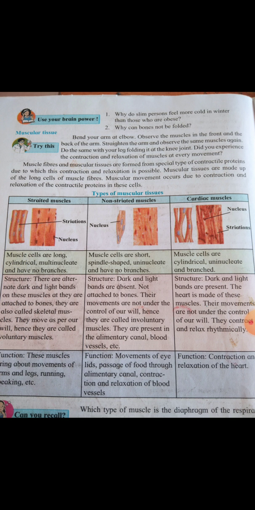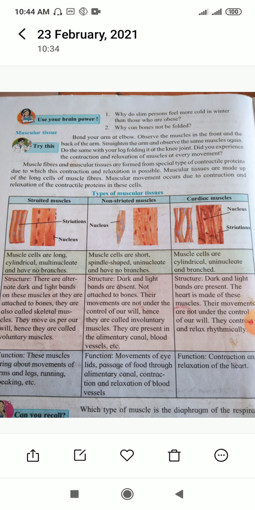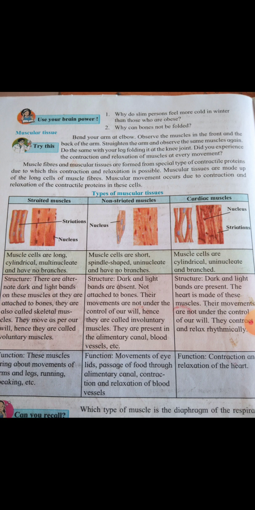Movement occurs due to contraction and relaxation of this contractile protein in these cells. Types of muscular tissues: striated muscles, non-striated muscles, and cardiac muscles. Striated muscles are long, cylindrical, multinucleated, and have no branches.